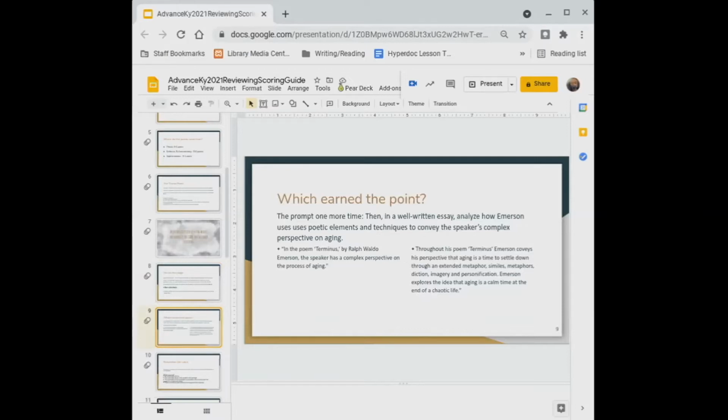Second one. Okay, you're right, and not just because it's longer, correct? What does the one on the left do or not do? Yes, it restates the prompt. So again, how many of you say you're good on the thesis?